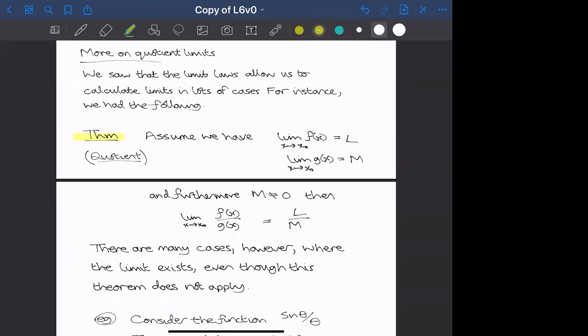So assume we have functions f(x) and g(x), and the limits are L and M, and M is not 0, then the limit of the quotient, f(x) over g(x), is the quotient of the limits, L over M.